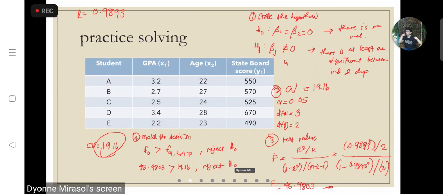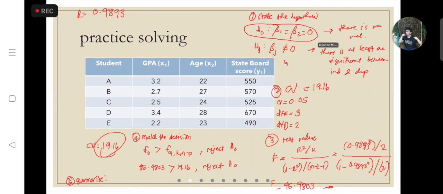So we will then summarize the results. Since we are rejecting our null hypothesis, we will accept our alternative hypothesis. Therefore, there is a significant relationship between variables.